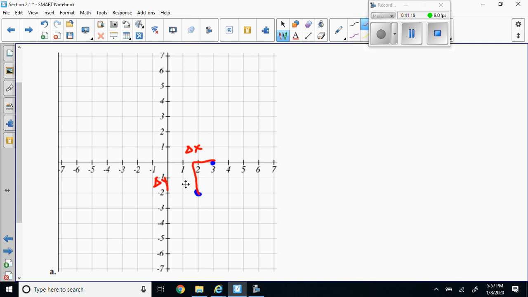I moved 2, down 2, right? And how much did I move over here? 1, right? So if I were to back this up, I would go down 2 and over what? 1, down 2 and over what? 1 more, right? So that would be my line.